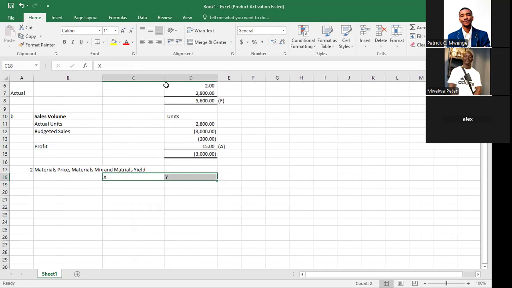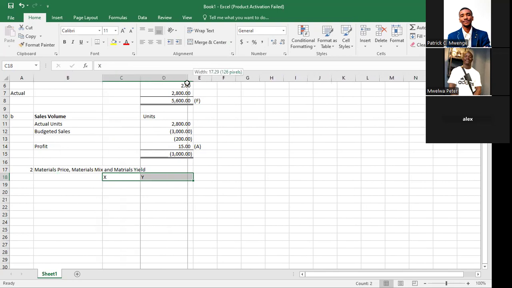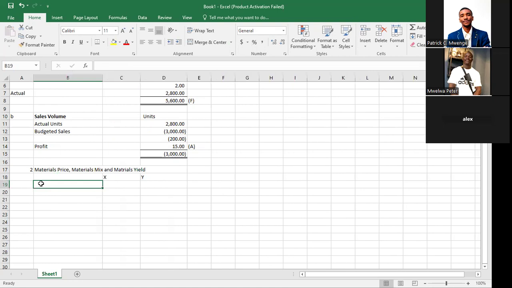Now the fundamental question you need to ask yourself when calculating the variances is, we need to know the standard cost, or the standard price in simple terms. What does this standard mean?